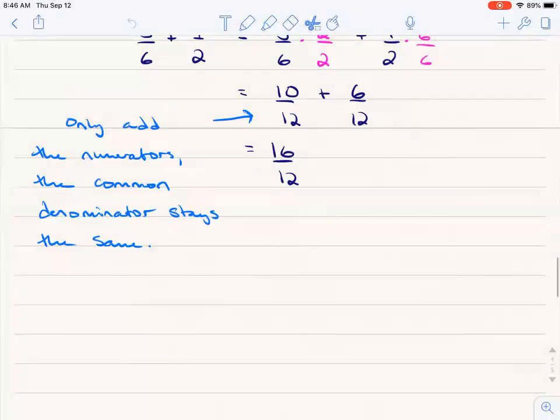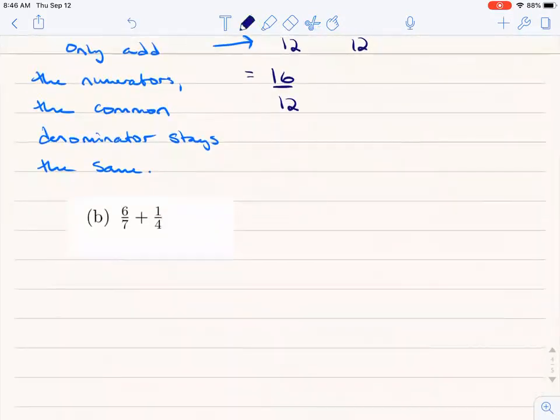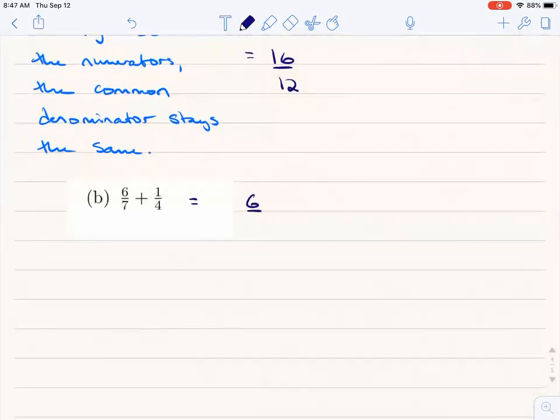If we do the next one, if we apply the same idea, then we're multiplying 6 over 7 by 4 over 4, and we're multiplying 1 over 4 by 7 over 7. 6 over 7 times 4 over 4 plus 1 over 4 times 7 over 7.